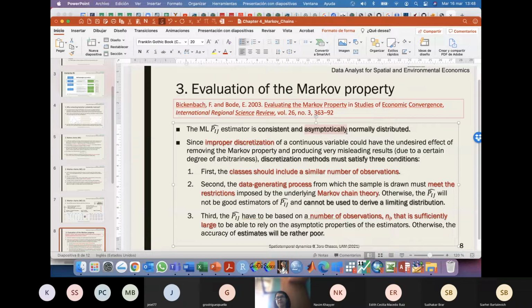Because the estimation method for this PIJ probability supposes, or is based upon, the assumption that we have enough sample, a sample that is enough to represent the population, or to represent the data generating process, the theoretical phenomenon you want to interpret. You are taking a sample.